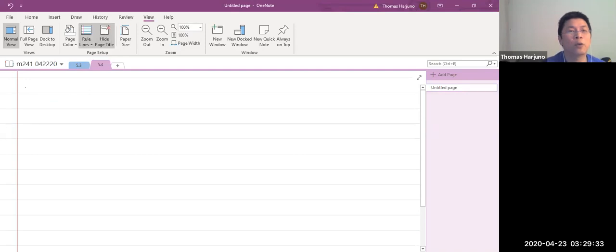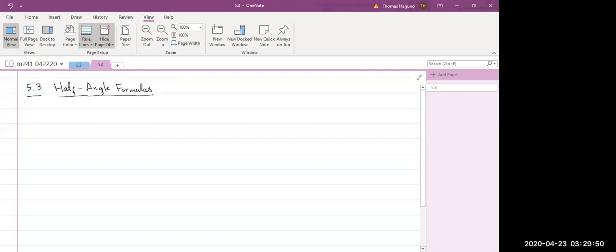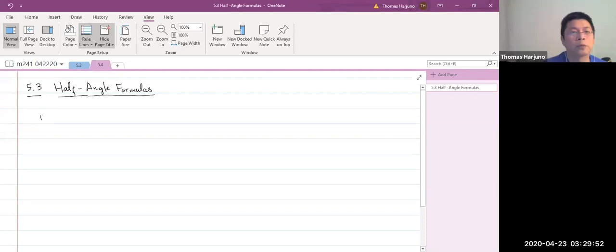In this 5.4, we will have group 3, half angle formula. Okay, group 3, you need to memorize this.